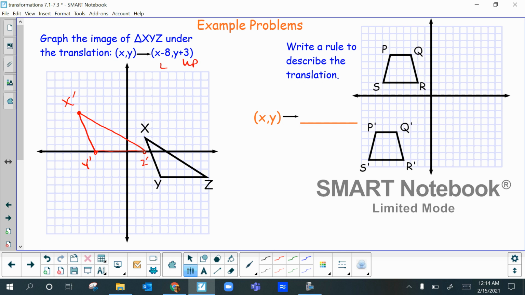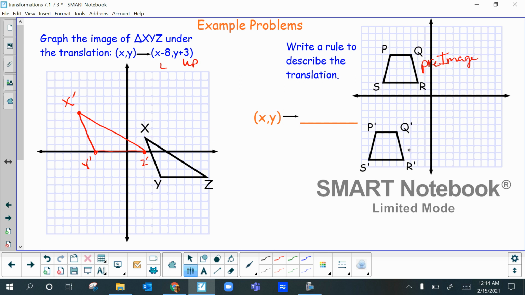All right, let's see the next example. So they give us a rule, or no, we need to write the rule, but they give us the translation that took place. And so again, you always want to identify your pre-image to your image. So this is our pre-image up here, because these have the prime notation.